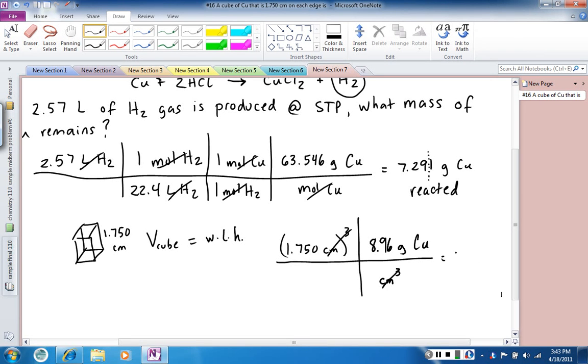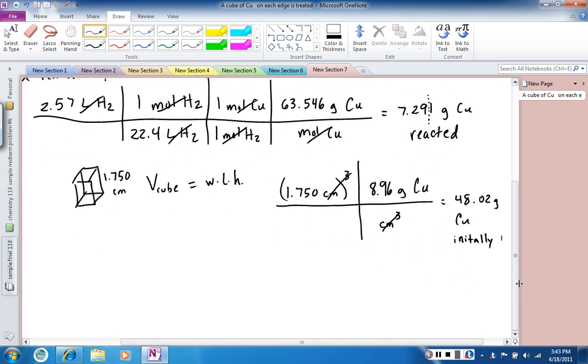So that works out to 48.02 grams of copper initially. Okay, and that's going to have 3 sig figs.